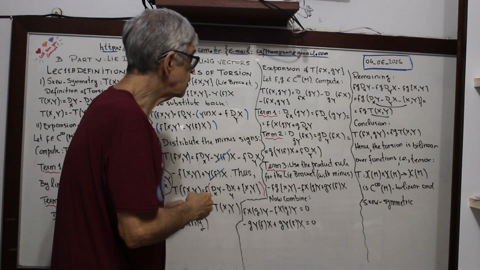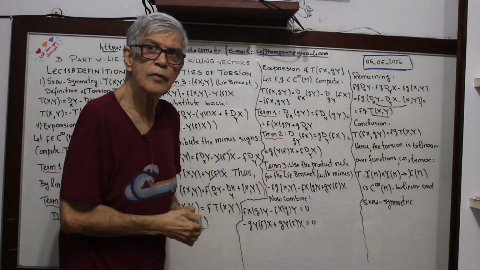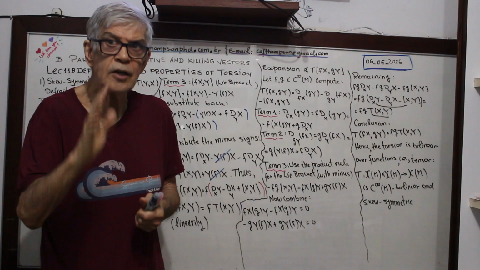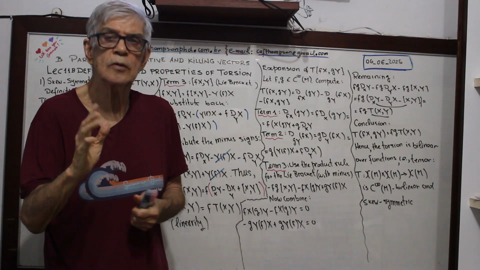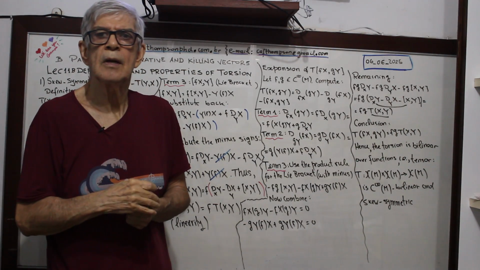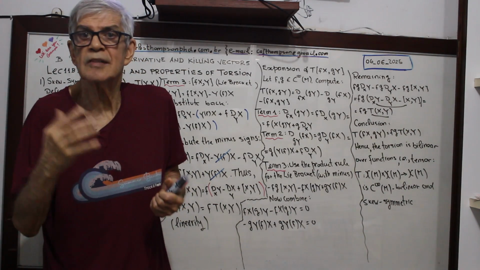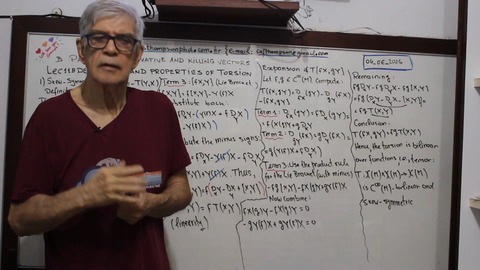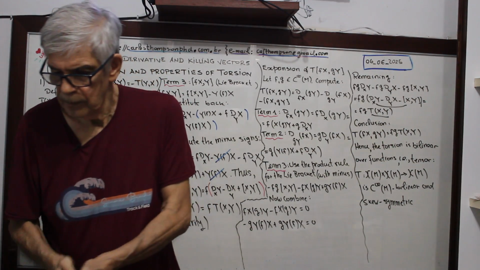That's a very important property of the torsion. Torsion is linear. It's a vector field which is linear. And the functions f and g, by assumption, must be smooth functions. Okay, that's it.